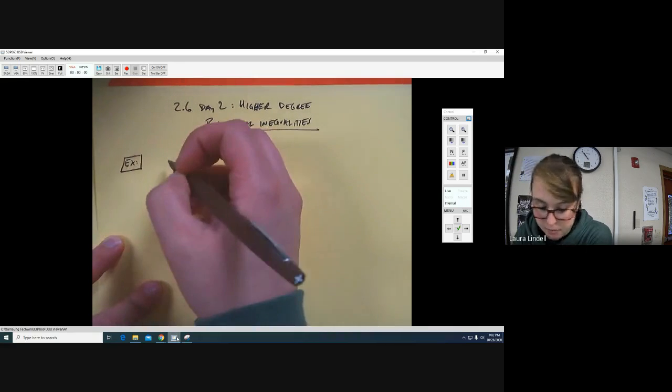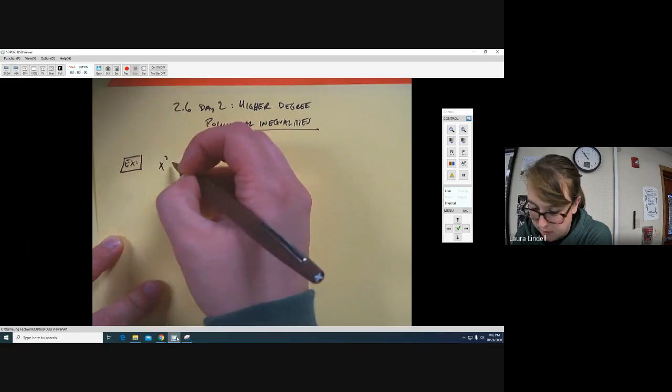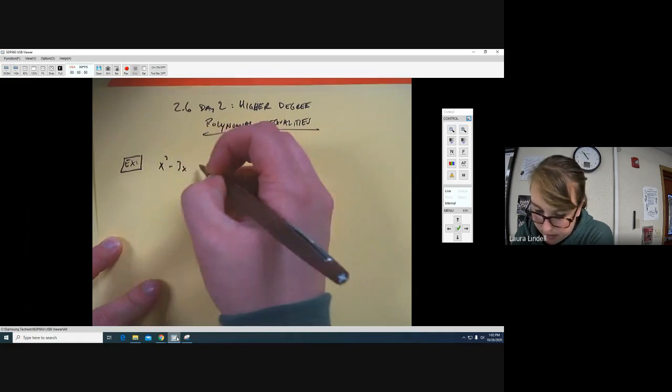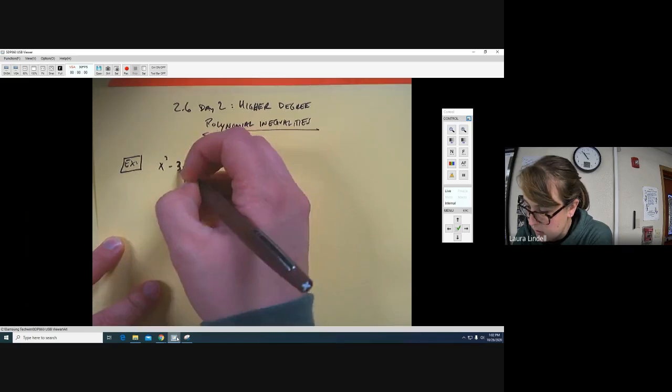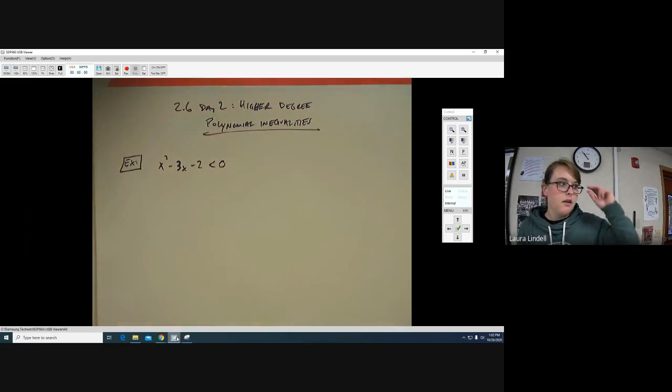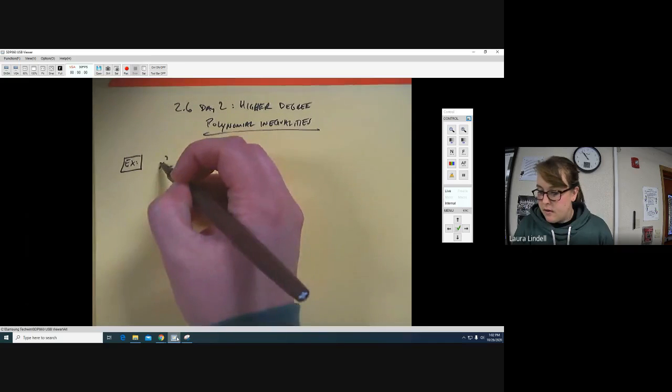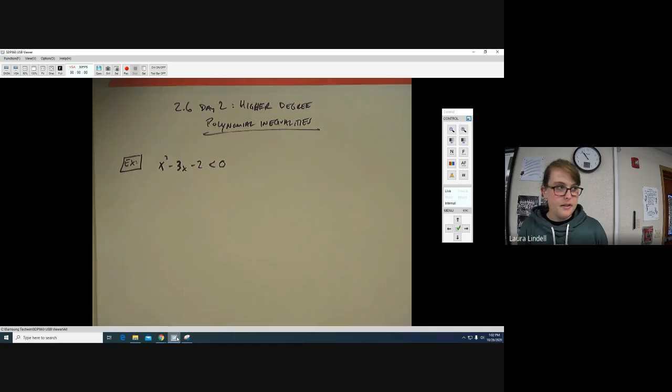So our first example, we're going to have x to the third minus 3x minus 2 is less than 0. Now this is not something that I can factor super nicely. So there's actually a couple avenues you can go with this.